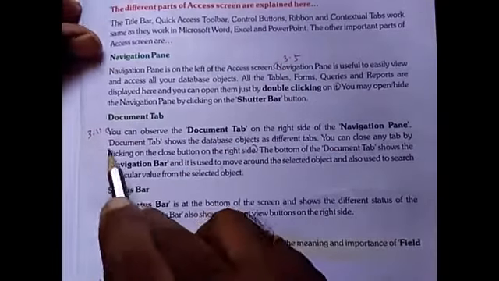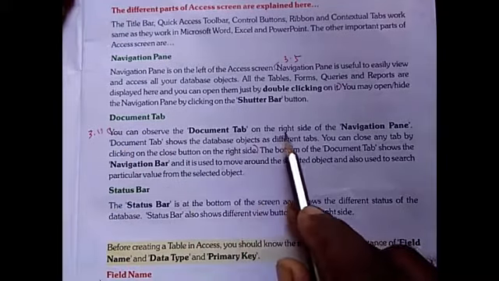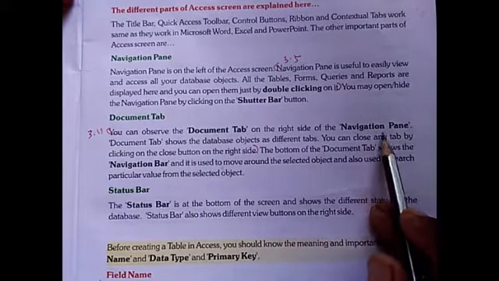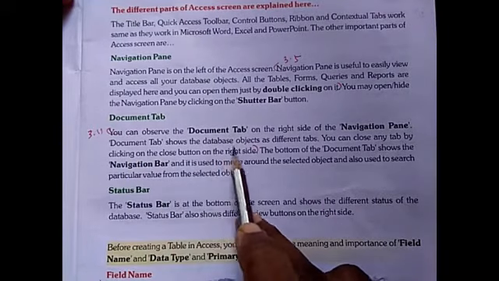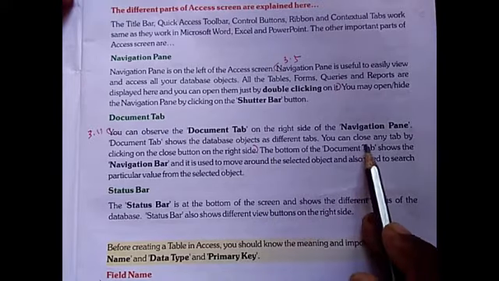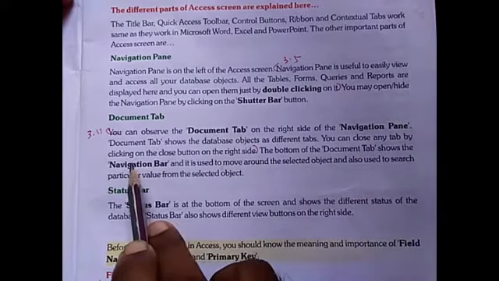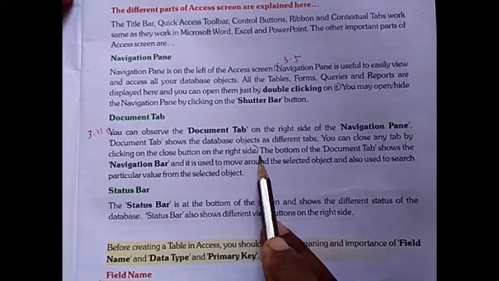Next question is, what is document tab? The answer: you can observe the document tab on the right side of the navigation pane. Document tab shows the database objects as different tabs. You can close any tab by clicking on the close button on the right side.